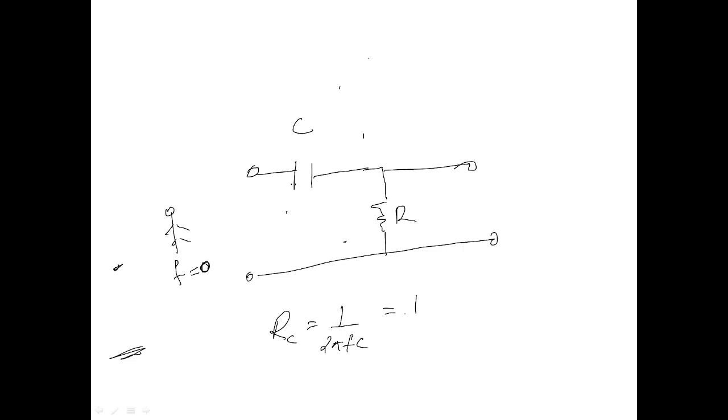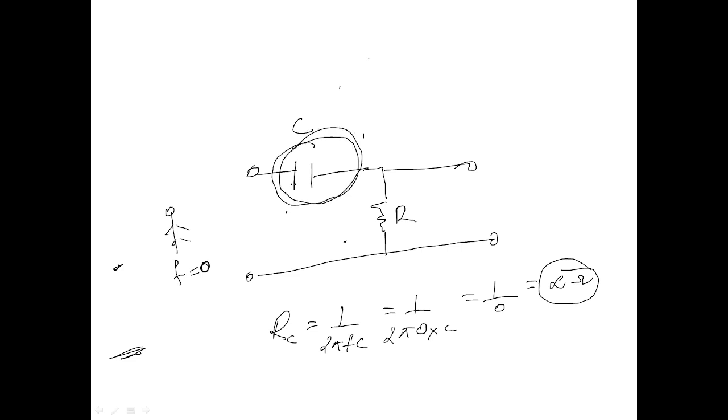Therefore 1 by 2 pi F, with F being 0, times C gives 1 by 0 times something, which equals 1 by 0, and that means infinite ohms. So while giving zero frequency, the reactance across the capacitor is infinite ohms.